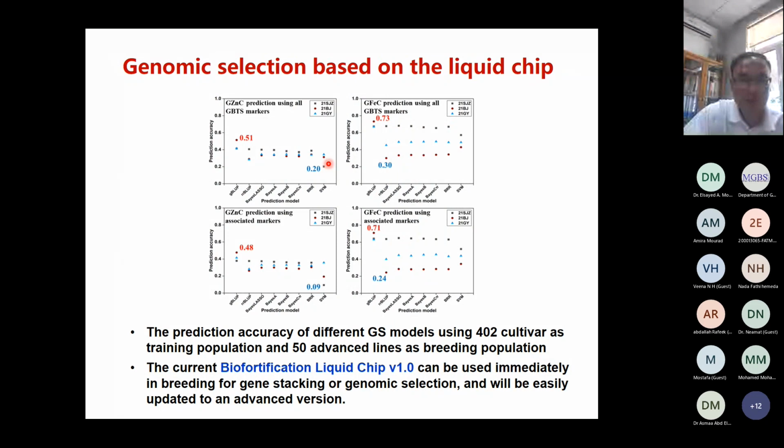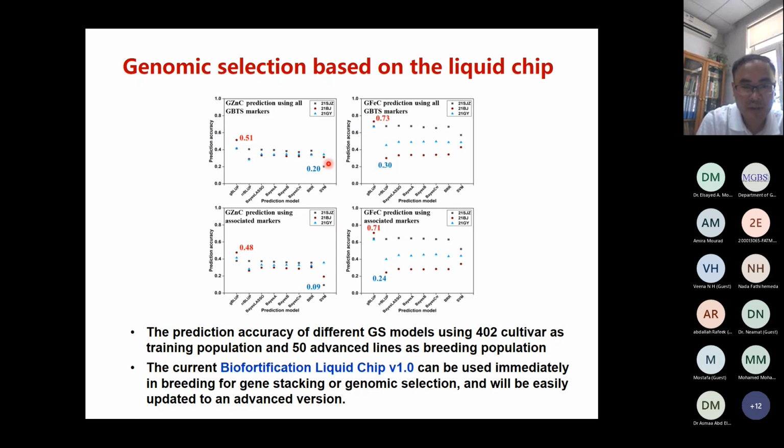And for genomic selection based on the liquid chip, we used 402 cultivars as a training population and 50 advanced lines as a breeding population. We ran different models. For the grain zinc, some models reach a prediction as high as 0.51, and for the grain iron, up to 0.73.